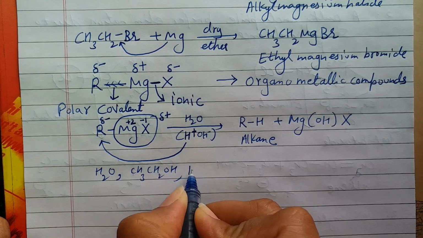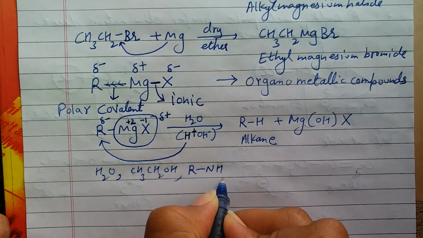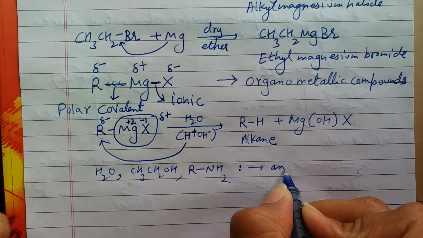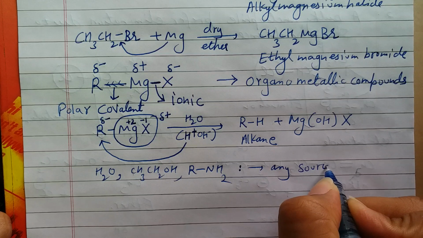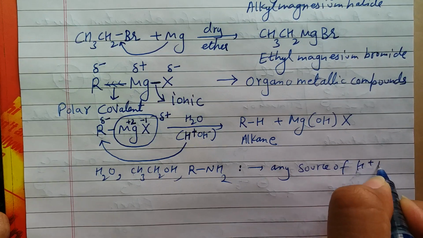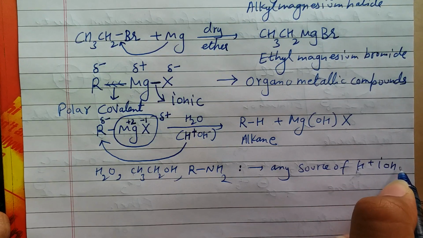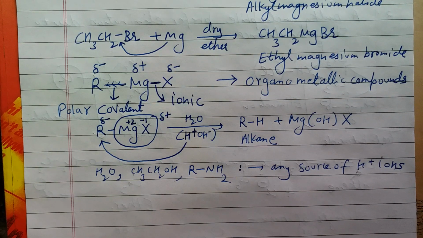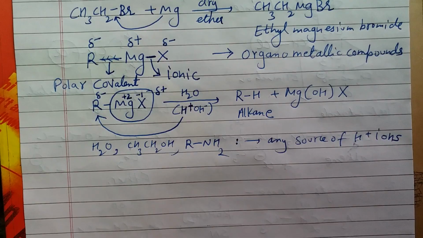It can even react with amines, RNH2, because it can react with any source of H plus ions. Any substance that can give it H plus ions, it will react with. So it can react with water, alcohol or amines.